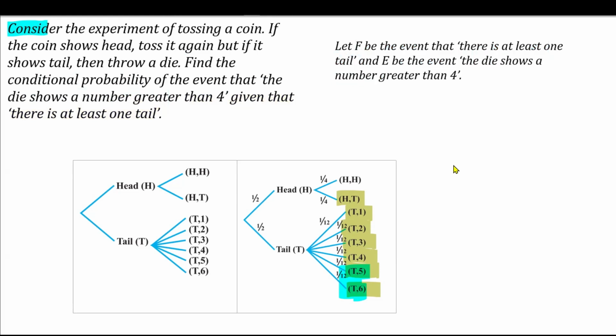Let's begin with finding P(F). What is F here? There is at least one tail, which I have shaded. These are 1, 2, 3, 4, 5, 6, 7 outcomes. The probability of the first is 1/4, plus these are all 1/12, six times.